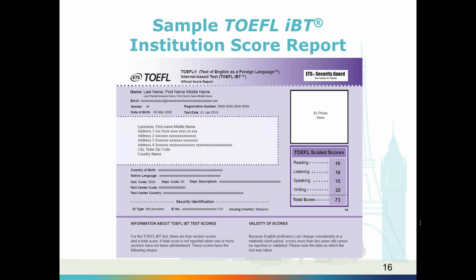So institutions, obviously, they mainly want the score, so that's what this institution score report looks like. Again, if you're interested in the kind of information that students also receive, that is available on the ETS website, or again, I'm happy to send that to you.